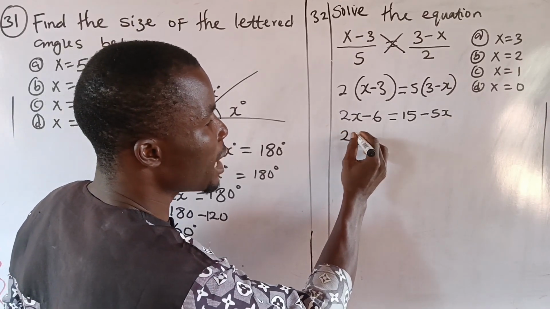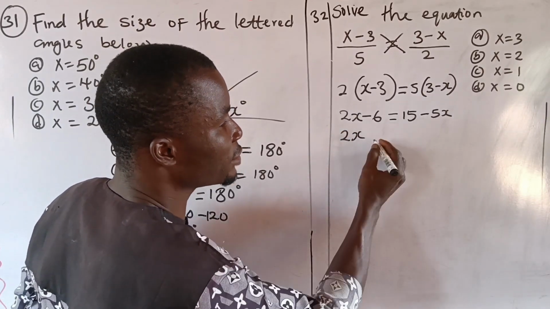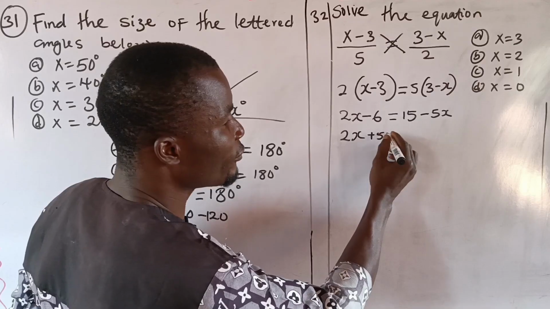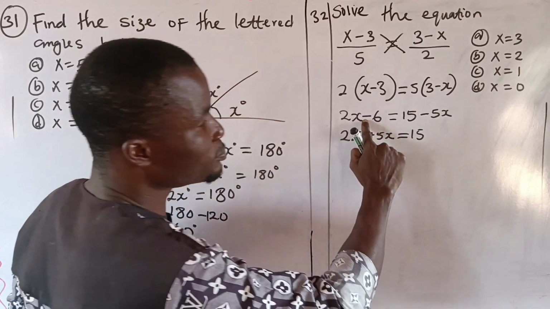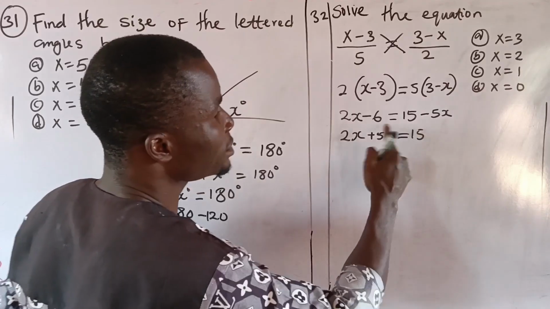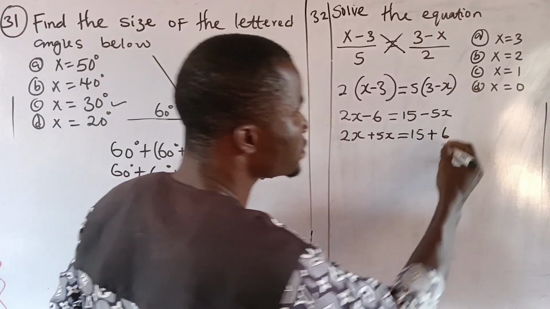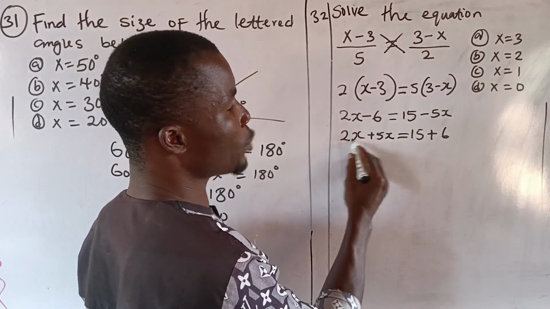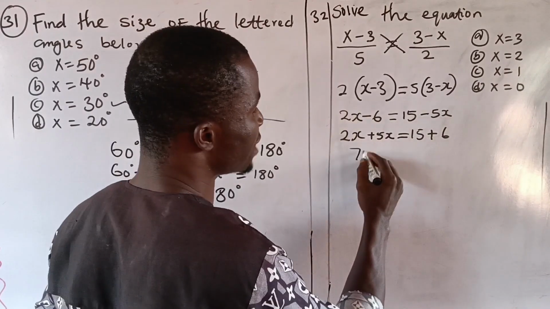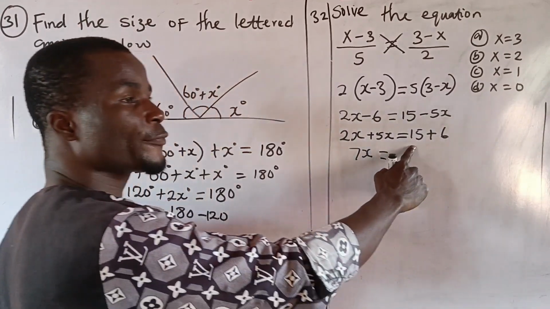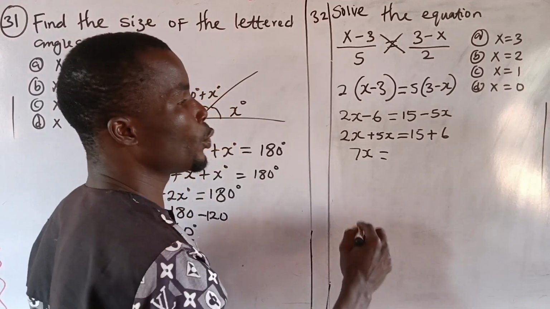So this minus 5x is coming to this side. So we have 2x. Once this negative becomes plus 5x, so we have equals to 15. This minus 6 is coming to this side and it will turn to plus 6. So we have 2x plus 5x will give us what? It will give us 7x. So 15 plus 6 will give us what?